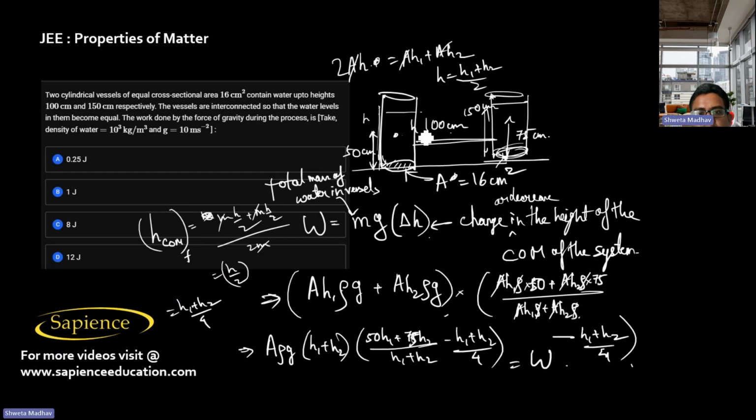Here H1 is 100 centimeter and H2 is 150 centimeter. Now, this is coming in centimeter.